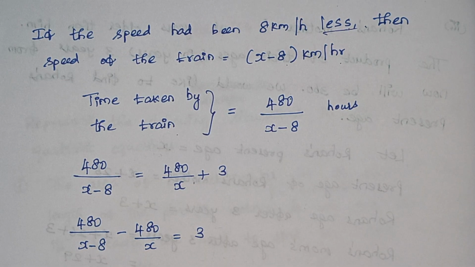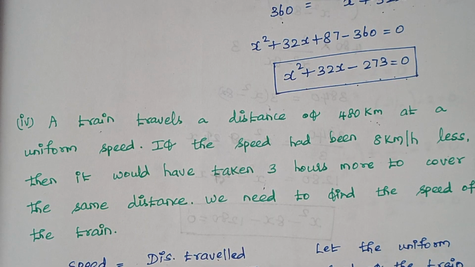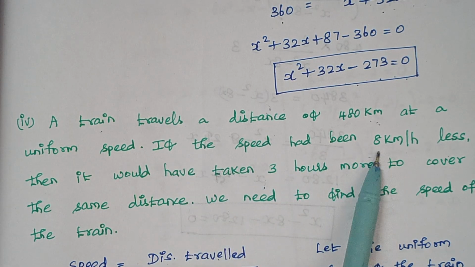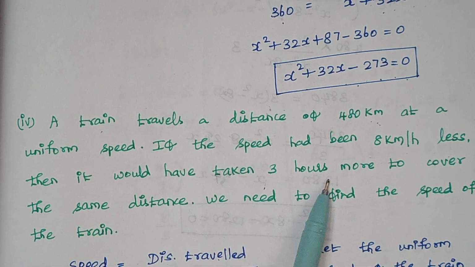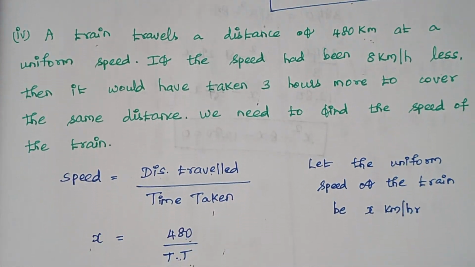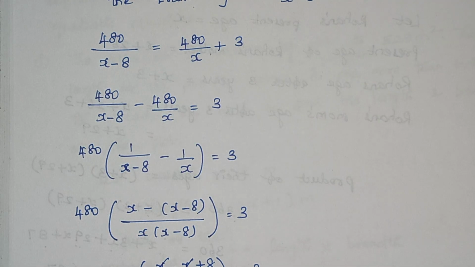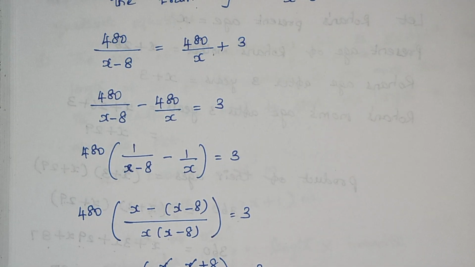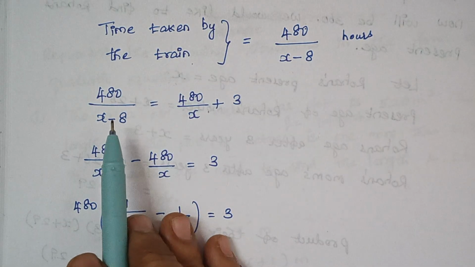Let me show the statement. So here this is the statement. You see, if the speed had been 8 km per hour less, then it would have taken 3 hours more to cover the same distance. Therefore, here you see we had calculated an expression for time taken. So time taken is 480 by x. So here you see the time taken by the train when the speed is reduced is 480 by x minus 8.